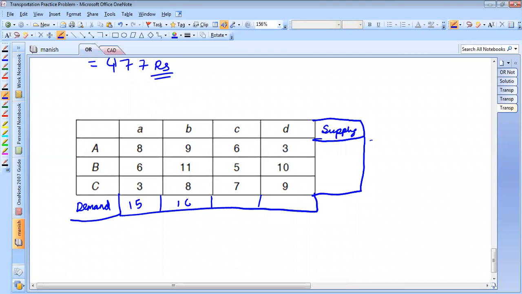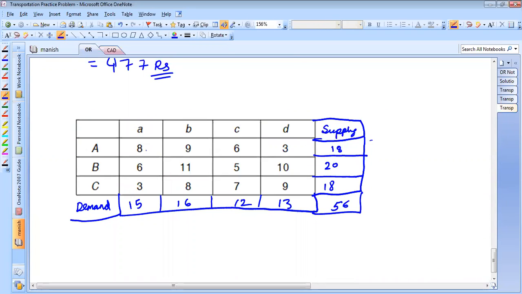So demand is 15, 16, 12, 13. This is 18, 20, 18. Summation is 56.